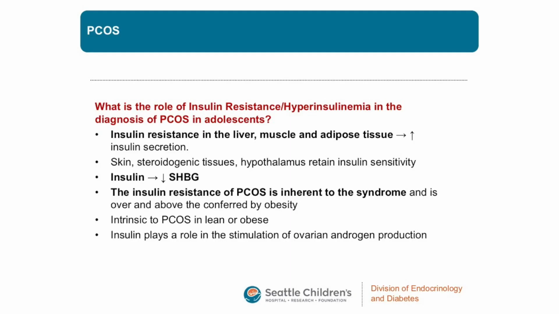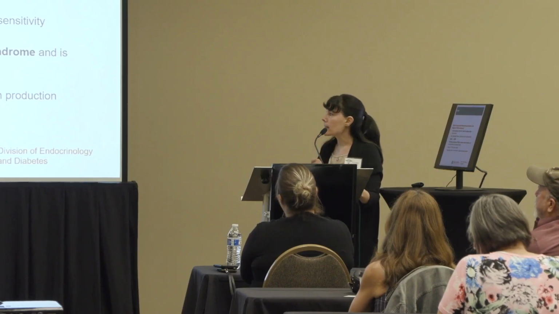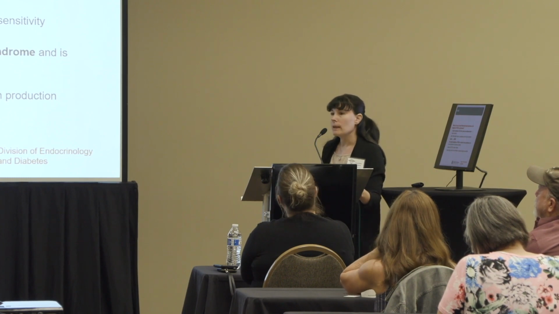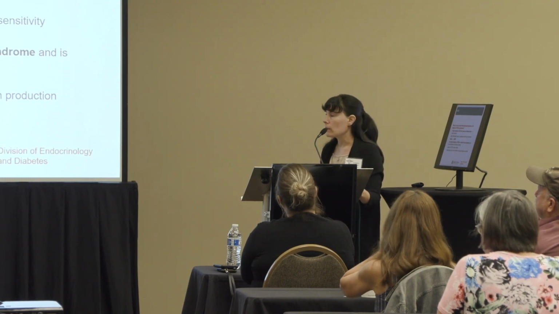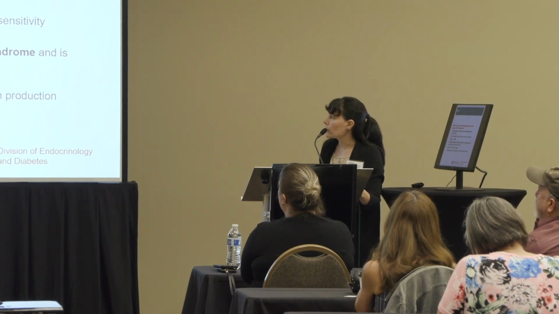So what is the role of insulin-resistant hyperinsulinemia in the diagnosis of PCOS in adolescents? So we talk about the insulin resistance in this condition being tissue-specific, sparing the skin. That's why we see the acanthosis nigricans in our patients, sparing the ovary, which is able to respond to that excess of insulin and causing the high levels of androgens.